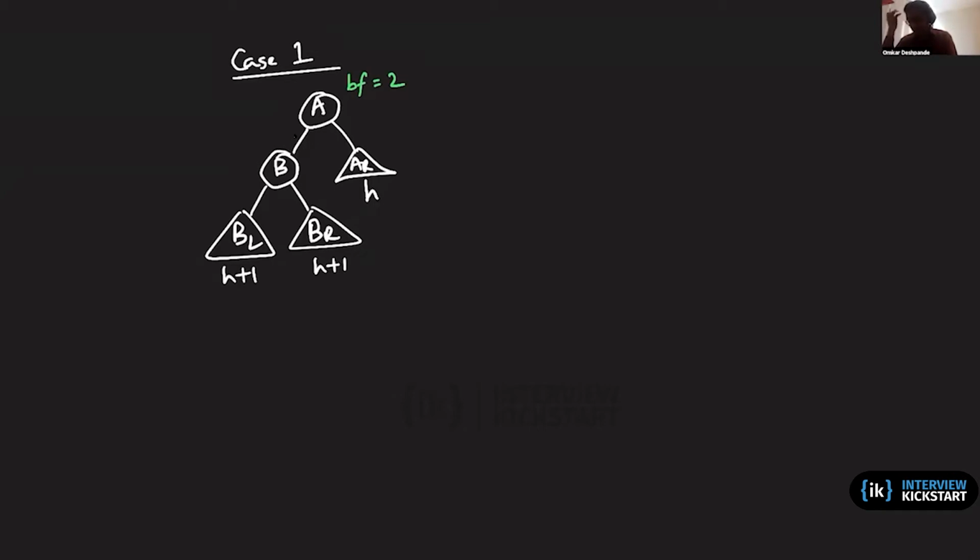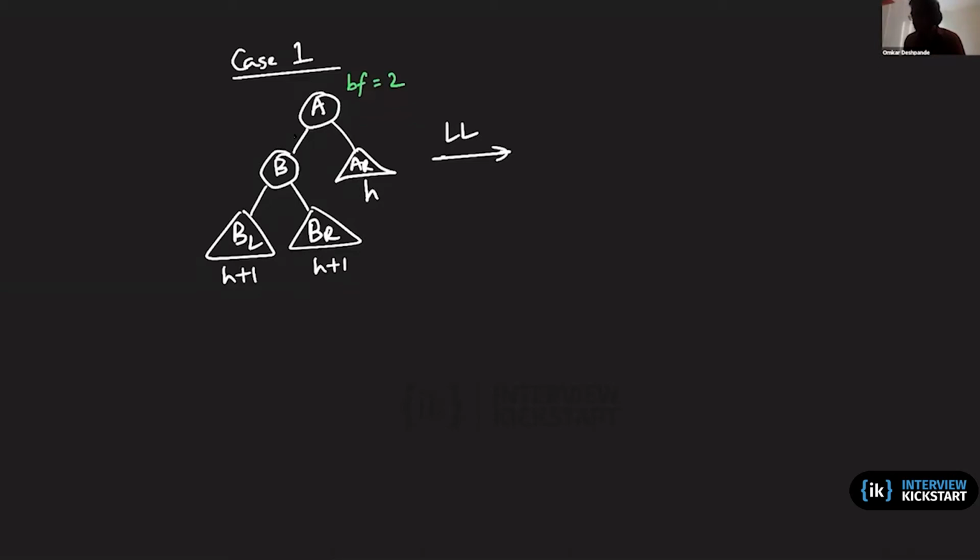I don't know how to even classify this. But it looks like the left side is heavier, and it seems analogous to the case where we insert a number on the left side and the left side becomes heavier. So let's treat it as being one of the two L cases, LL or LR. I don't know which one we are in, but let's just try LL since it's a single rotation and it's easier. Let's see what happens.